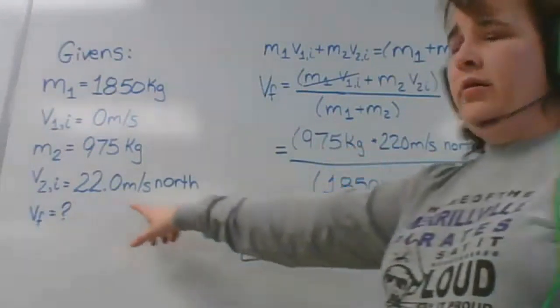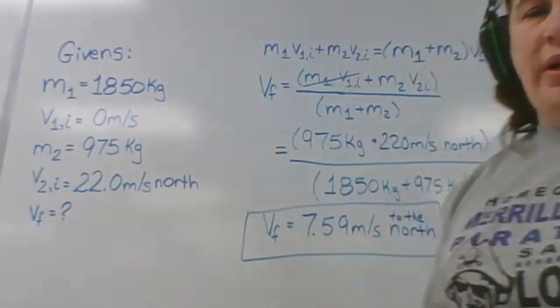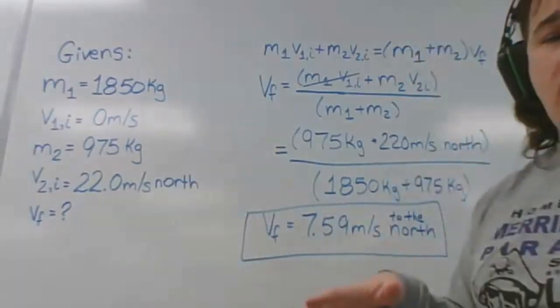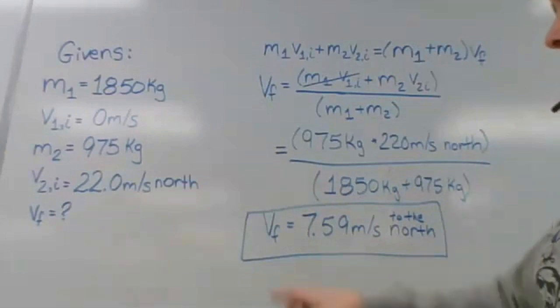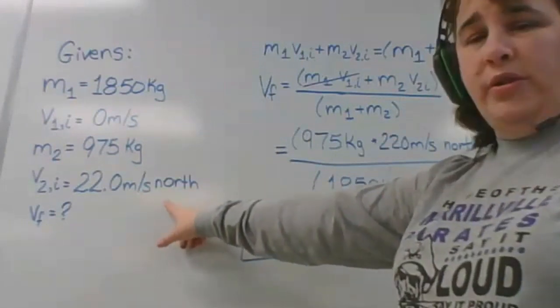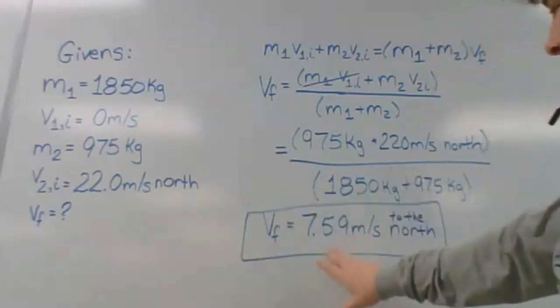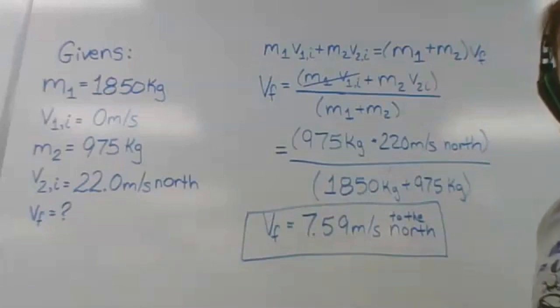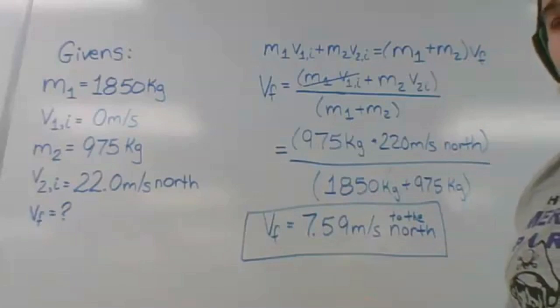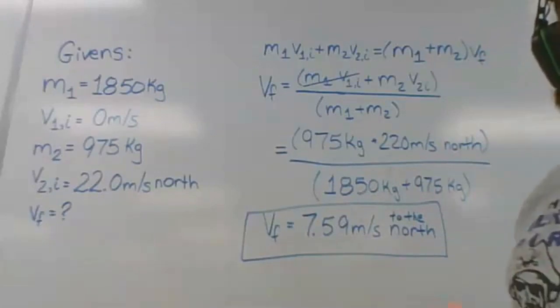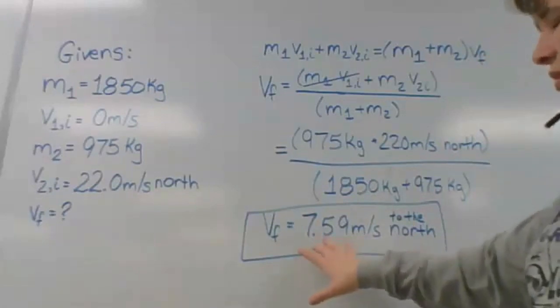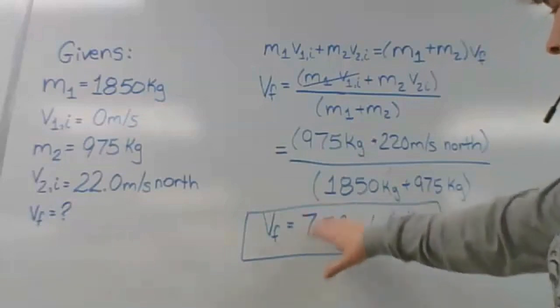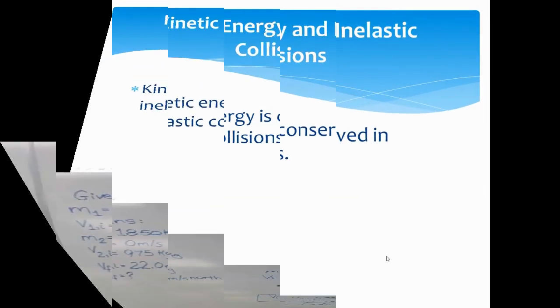So my velocity final should be about a third of what it was initially. I had 22.0 meters per second to the north, and I have 7.59 meters per second to the north. A third of that, dividing by 3, is around 7. So yes, this makes total sense.